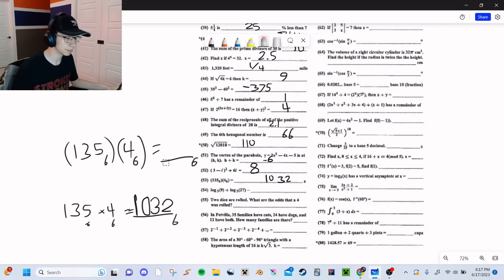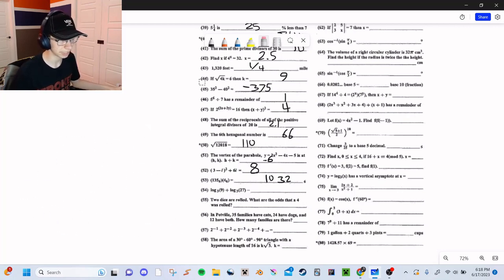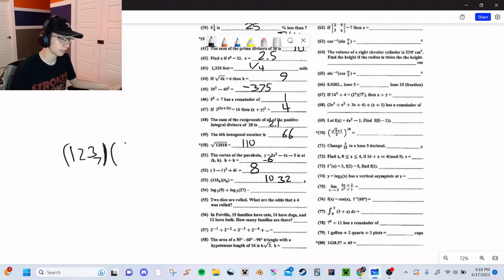Now that process might have been a little complicated. Let's do 2 practice problems to get it engraved in our heads, get us more familiar with this type of multiplication. So let's say I have 123 base 7 times 4.